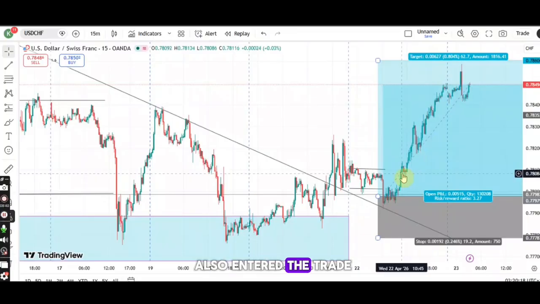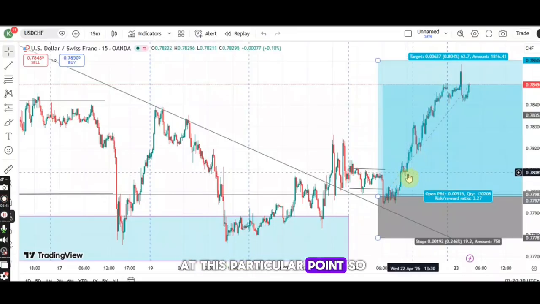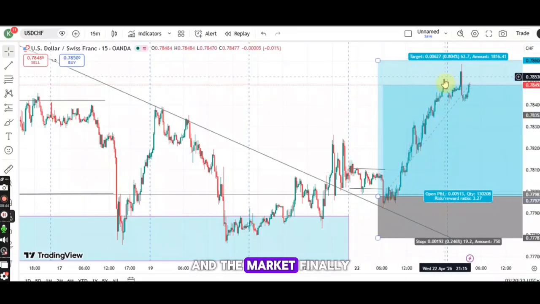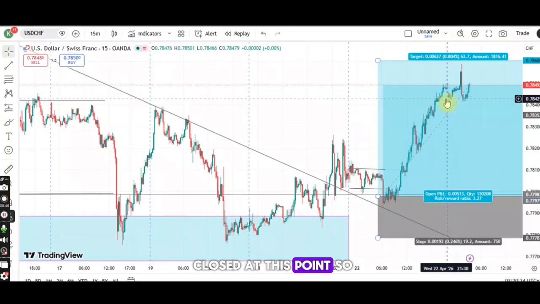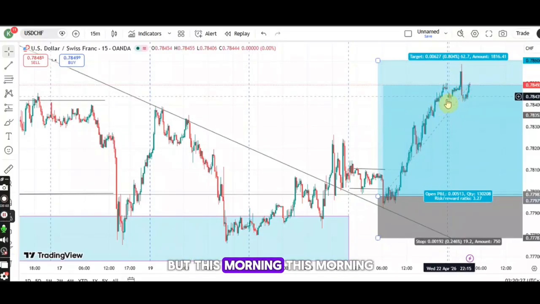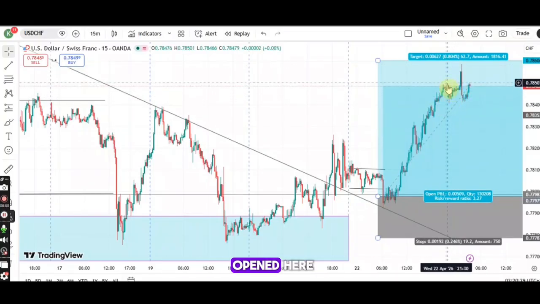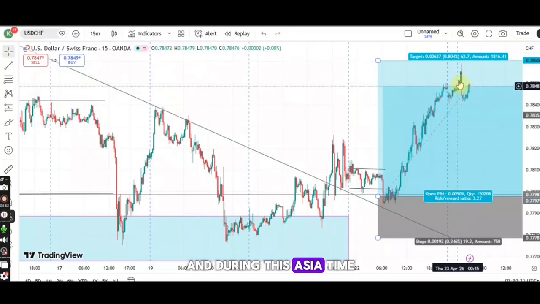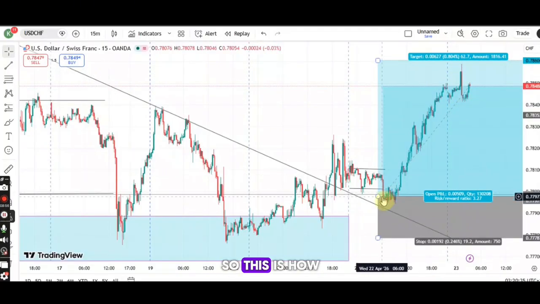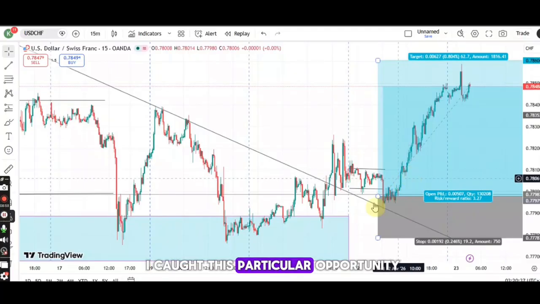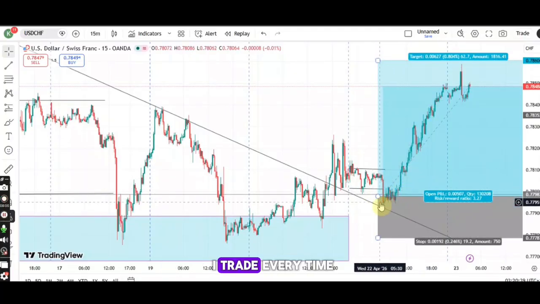So I would have also entered the trade at this particular point. And the market finally closed at this point. But this morning, the next day, the market opened here, and during this Asia time, the market has already tapped my take profit. So this is how I got this particular opportunity, and this is how I trade every time that I want to trade.